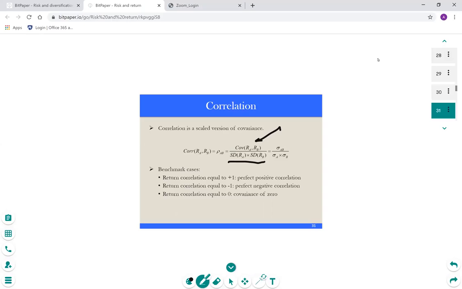Those variables move exactly the same, in the same direction at the same time. If it's -1, that means there's perfect negative correlation. That means they move in the exact opposite way from one another. And if it's 0, that means they have no covariance at all. They don't have any systematic pattern of co-movement.